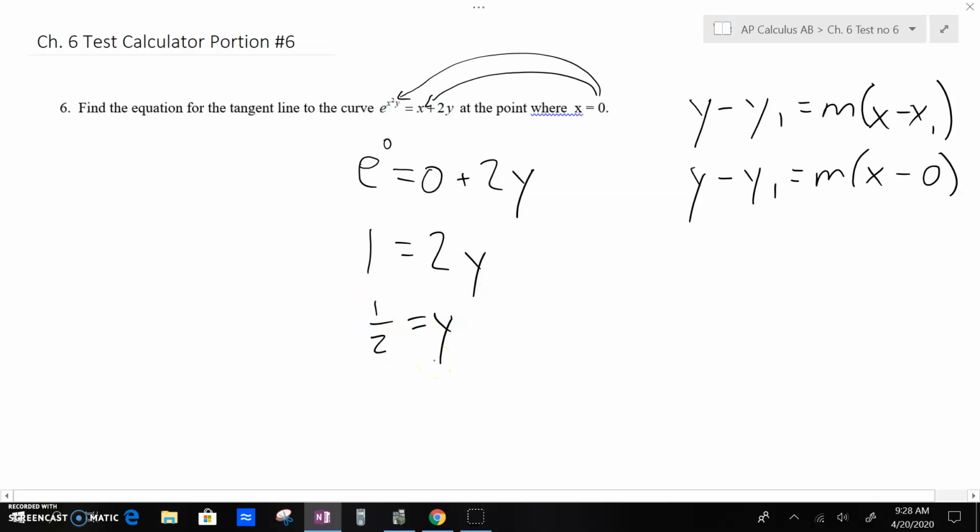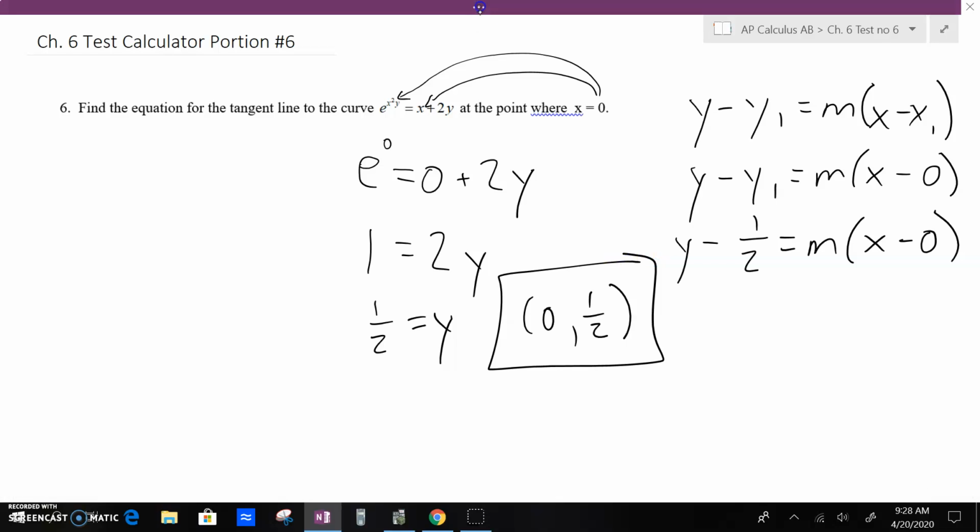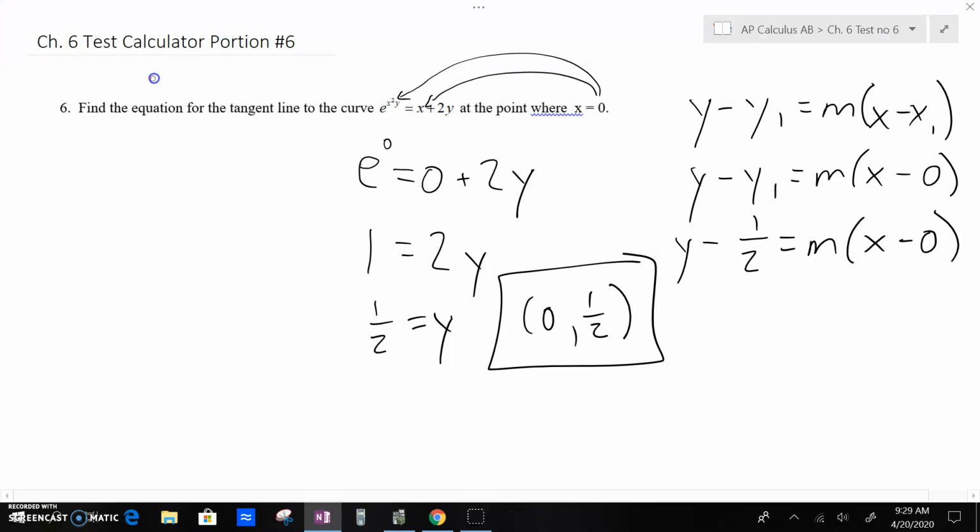So right off the bat, without doing any calculus, just algebra, I suppose maybe pre-calc you could call it, we've got our y1, we've got our x1. And all now we're after is the derivative, the slope, and evaluate that at the point 0, 1 half. So now I'm going to take the derivative on this thing. So let's see, I'll switch colors here to do a derivative. Let's go to red.